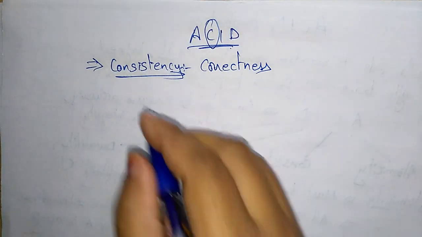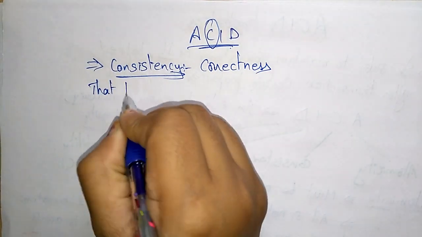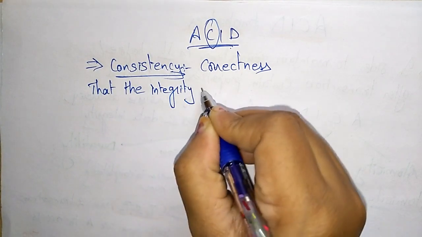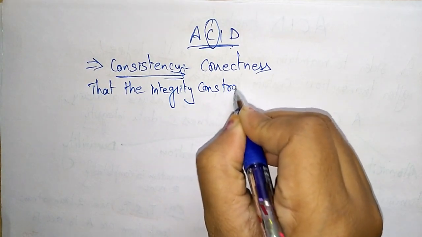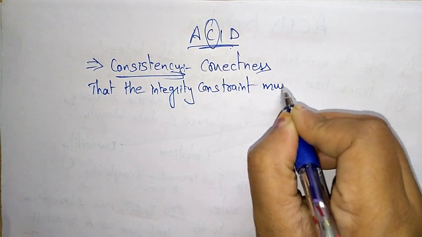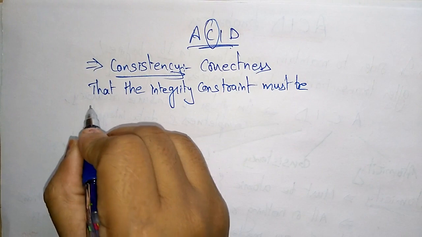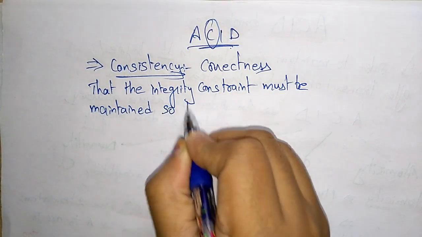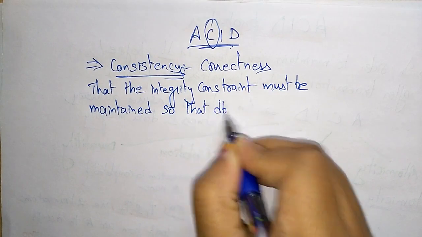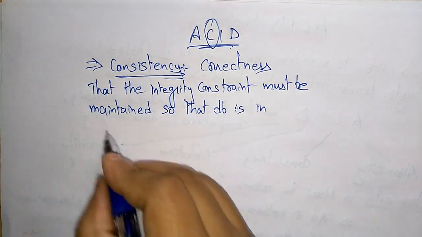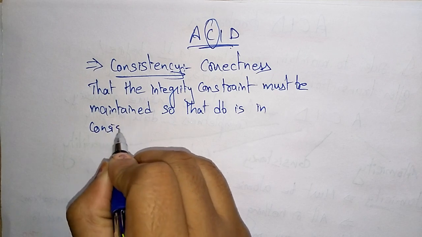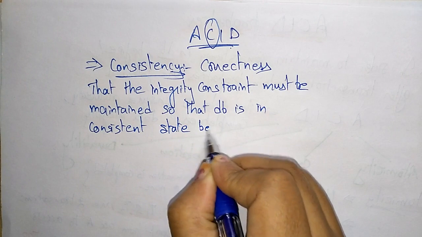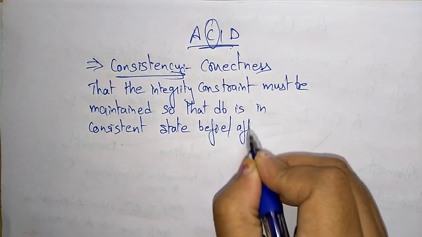That means the integrity constraints must be maintained so that the database is always in a consistent state before or after the transaction.